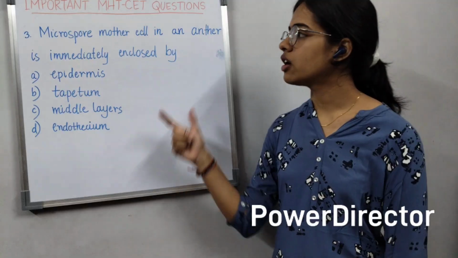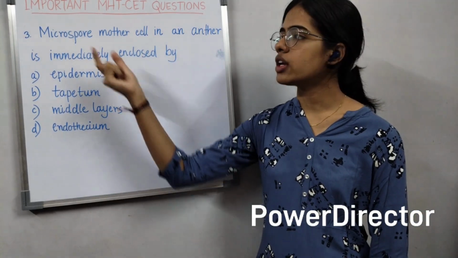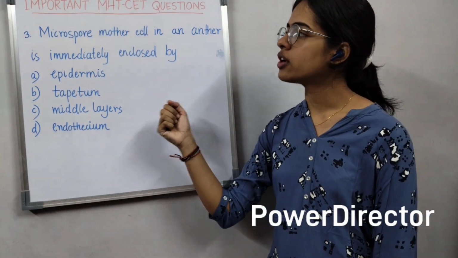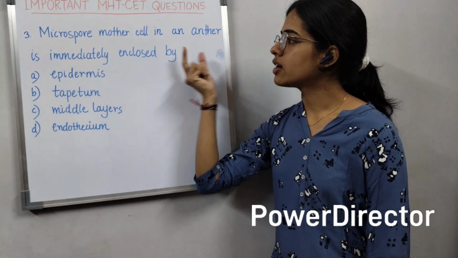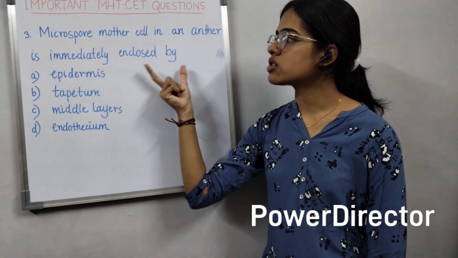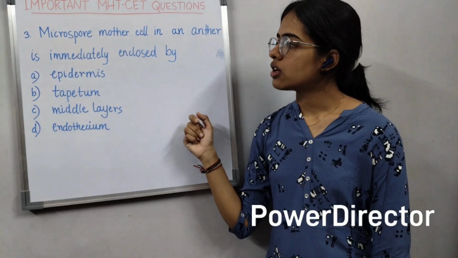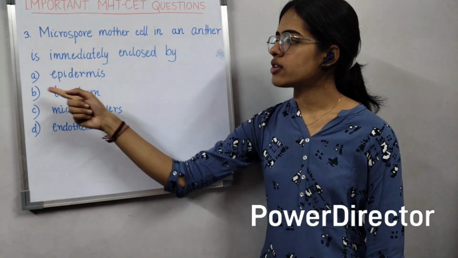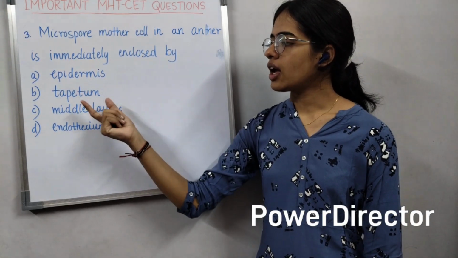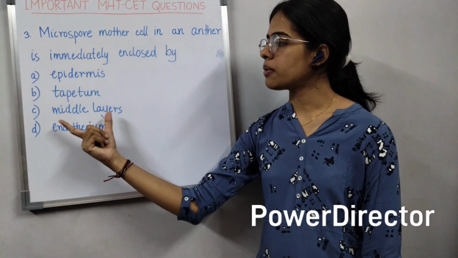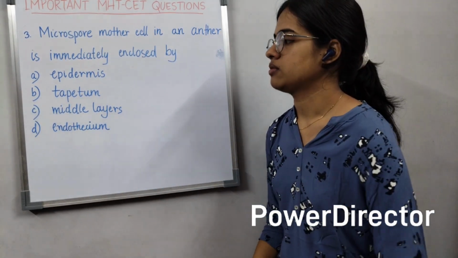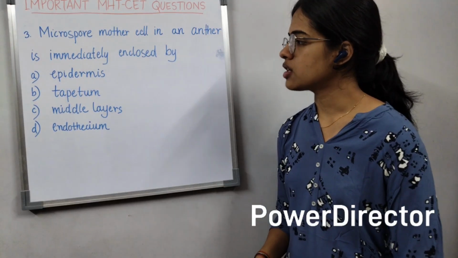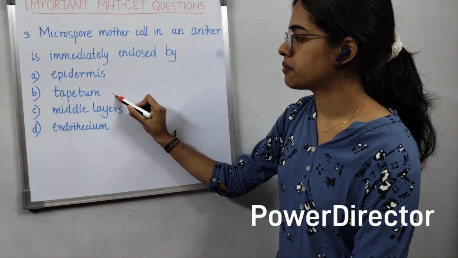Now the third question, another question in MHT-CET 2024. The question is, microspore mother cell in an anther is immediately enclosed by. The options given are epidermis, tapetum, middle layers, and endothecium. The correct option is tapetum.